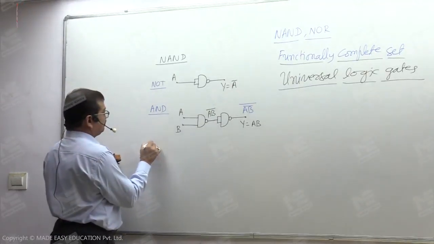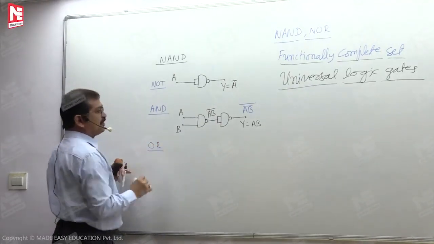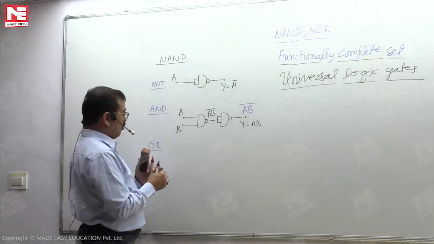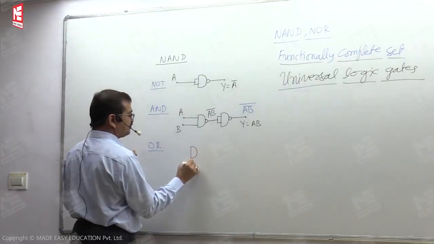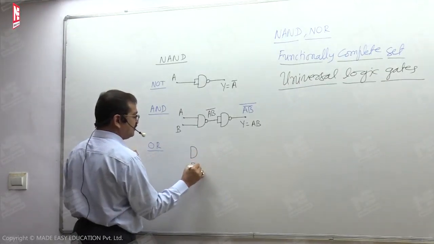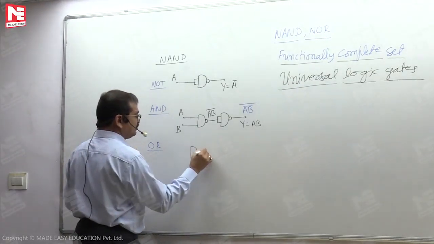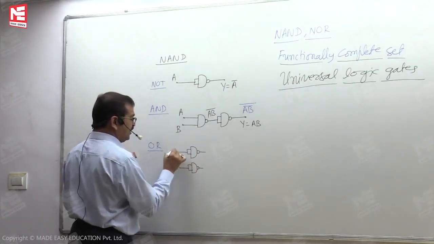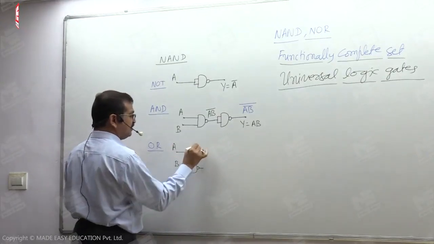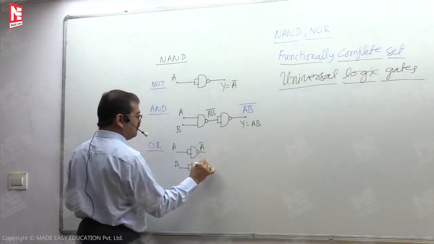Similarly, for the OR operation, we use three NAND gates. The first two NAND gates are used as inverters, giving A complement and B complement.